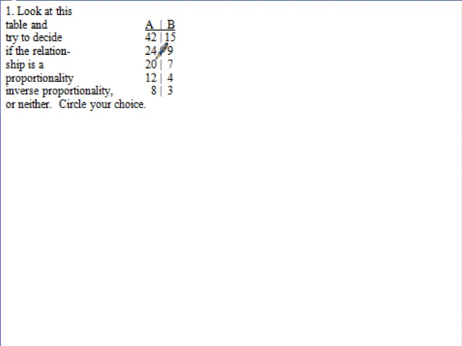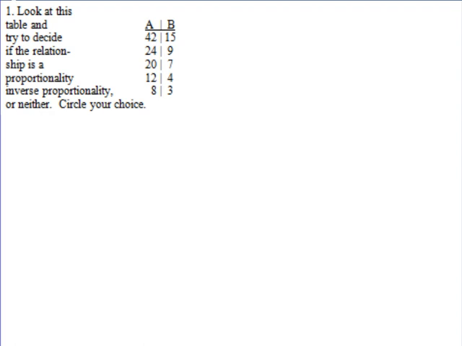I give you a table of numbers. I would like you to start by looking at that table of numbers, just examine it to see which one of these three. You can circle the one that you think it is. Is it a proportionality, an inverse proportionality, or neither?